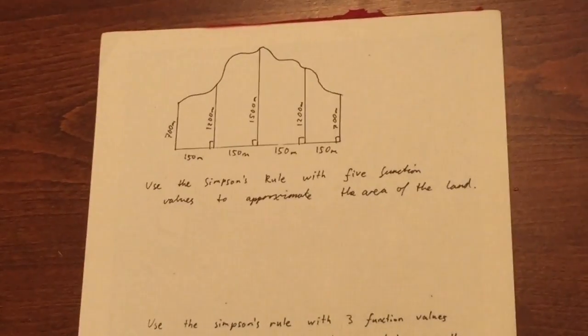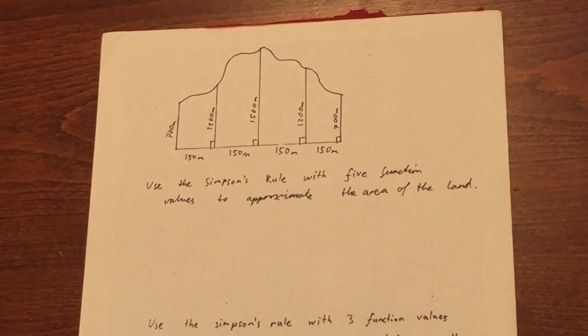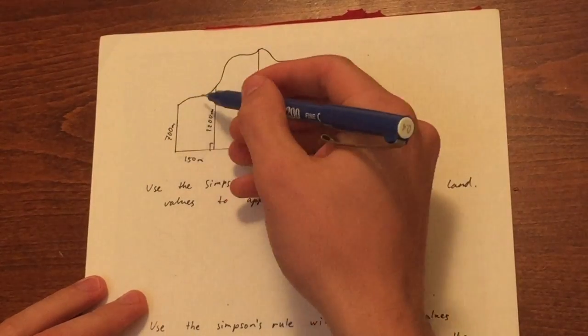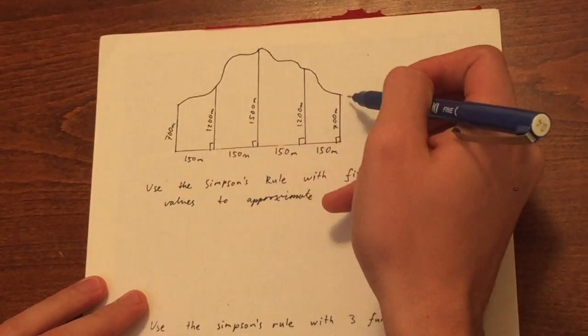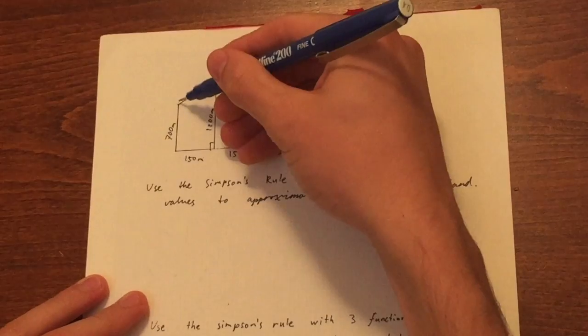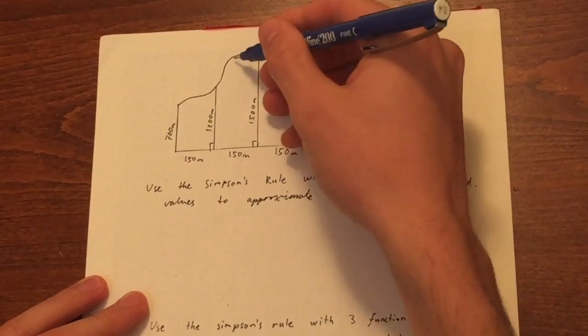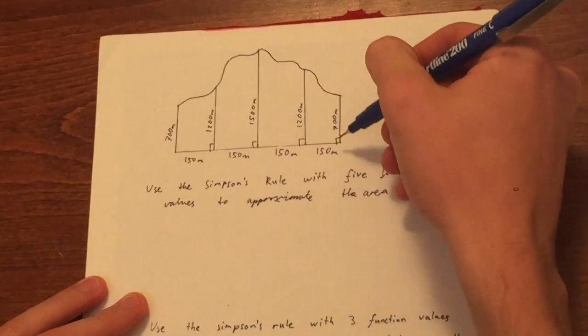Okay, so getting straight into our first example: use the Simpson's rule with 5 function values to approximate the area of the land. In this example, we don't actually have to calculate the function values, because if you imagine that this were a function on the Cartesian plane, then these distances here would be the y values as we move along the x-axis.